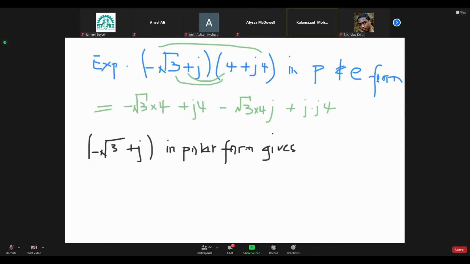Minus root 3 plus j in polar form. Okay.